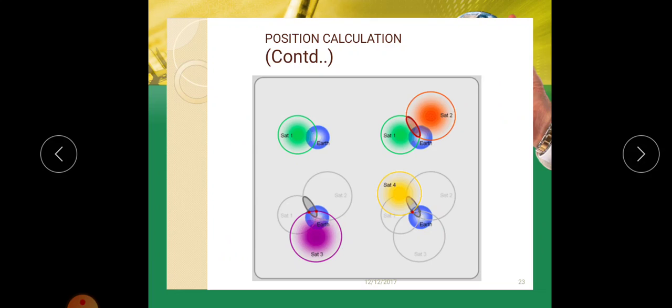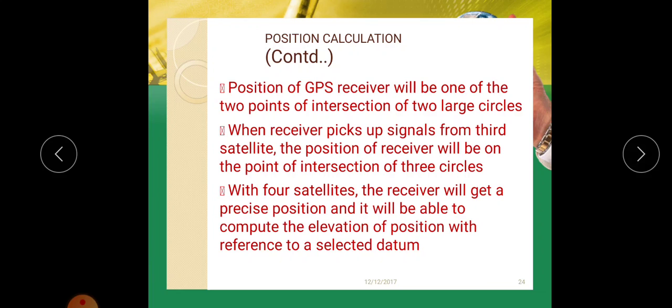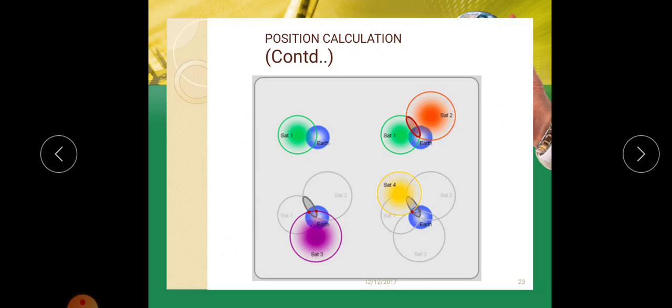If the point is viewed by 4 satellites, we will obtain the exact precise position of that point, and we can also compute the elevation of that point with respect to a selected reference datum.